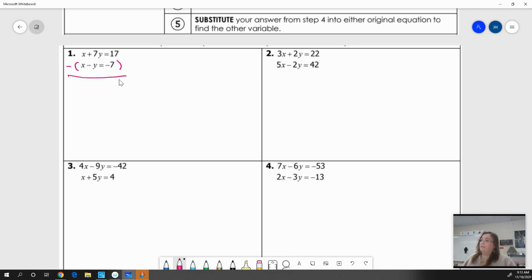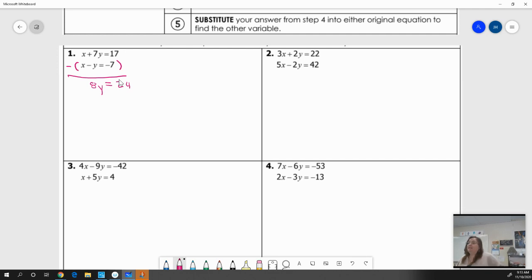So what does that look like? That's x minus x. Well, those x's are just going to cancel, right? But this is 7y minus y, which is like saying 7y plus y, which gives me 8y. And then I have 17 minus 7, so that's like saying 17 plus 7, which is going to give me 24, right?